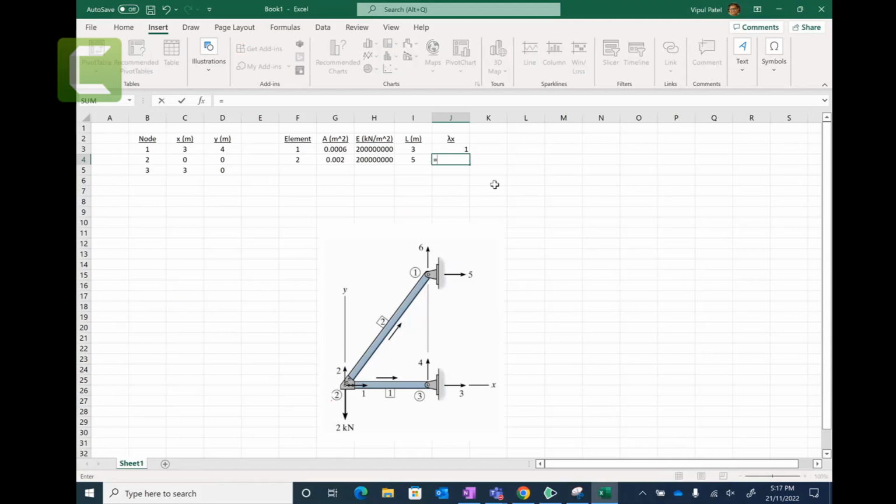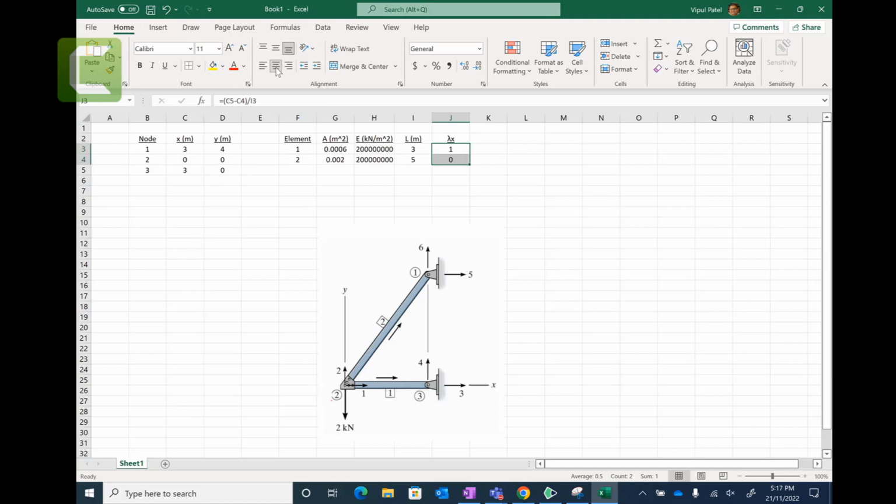Similarly, you have y of this one, take away y of 3, take away y of 2. So bracket y of 3, take away y of 2 divided by length. So you get 1 and 0. Right.